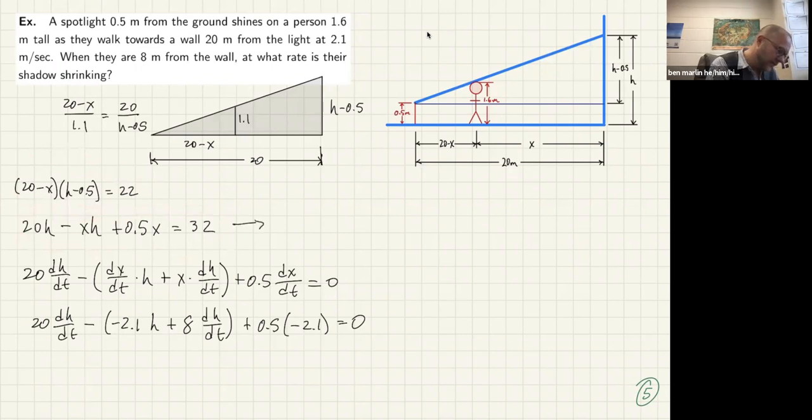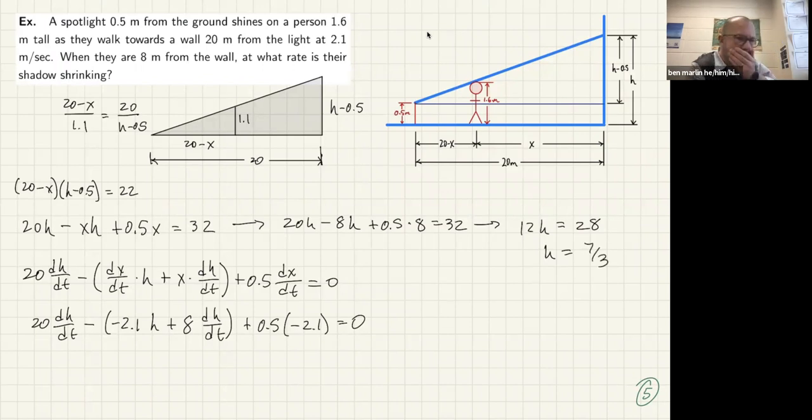We can go ahead and fill in and have 20h minus x is 8, h plus 0.5, the x was 8, equals 32, which says 12h is equal to 28. H is equal to 28 over 12, which is 7/3. Okay. So we've got a number for that, and let's go ahead and fill that in.